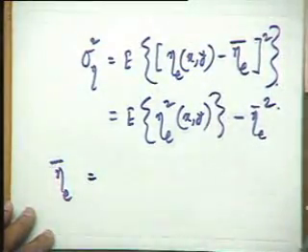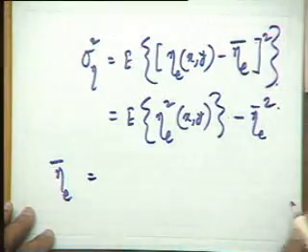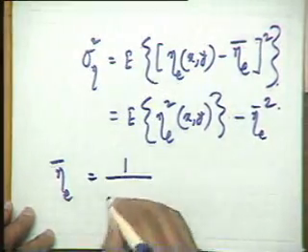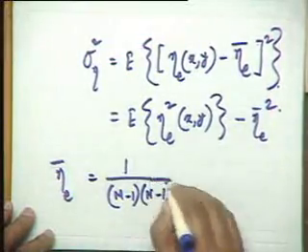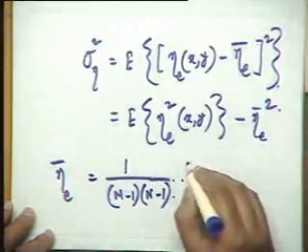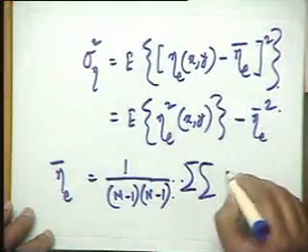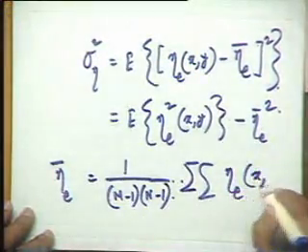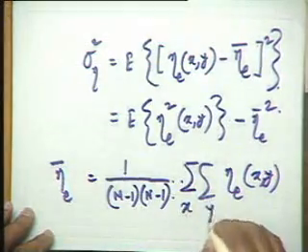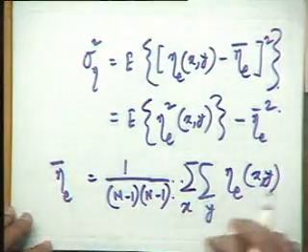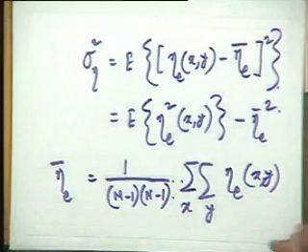And what is going to be our eta e bar? It is very simple. For the case of an m by n image, we have 1 upon m minus 1 n minus 1 as the normalizing factor, and we double sum eta e xy over x and y. Thereby we get eta e bar.